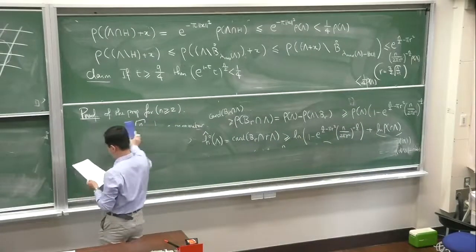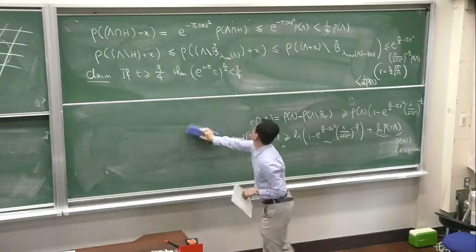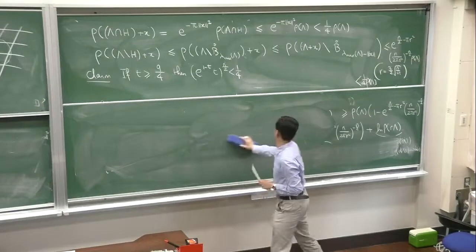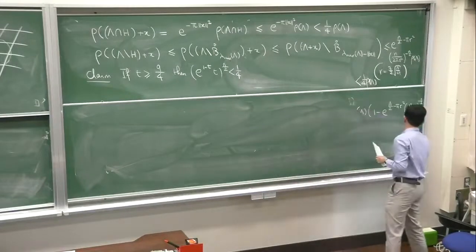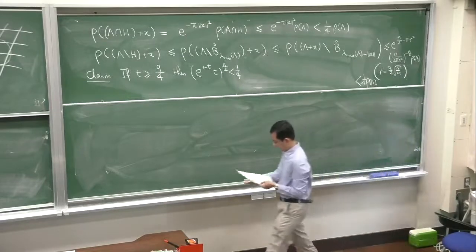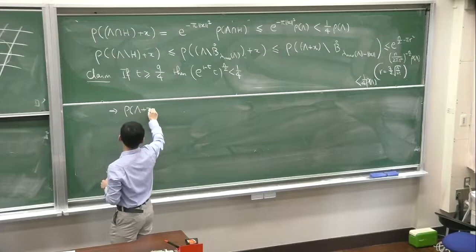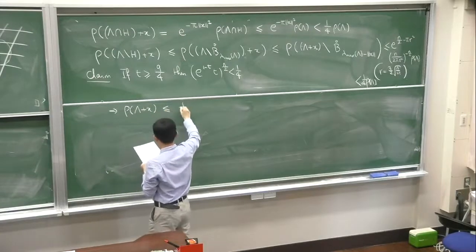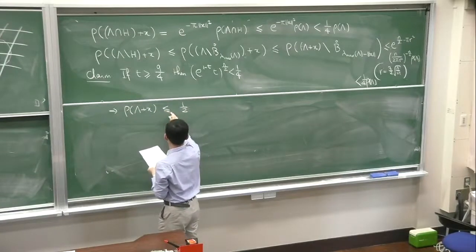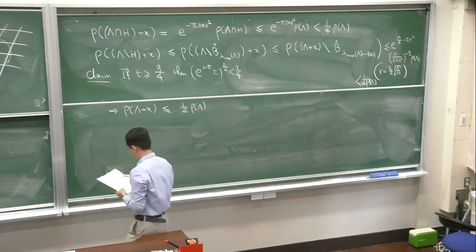So if you put these two things together, then you find that you have some upper bound for lambda plus x. So it's strictly smaller than 1/2 of rho of lambda.